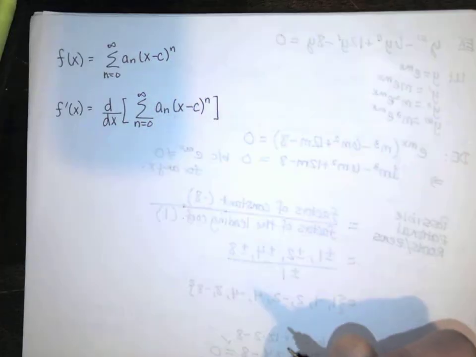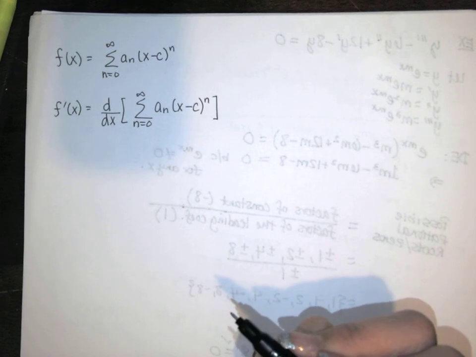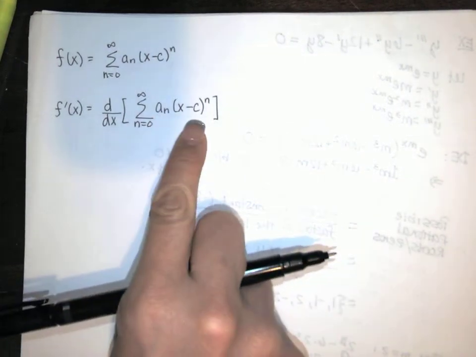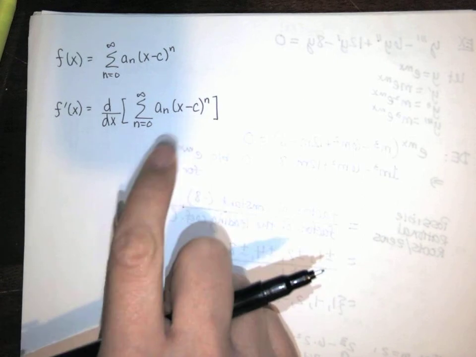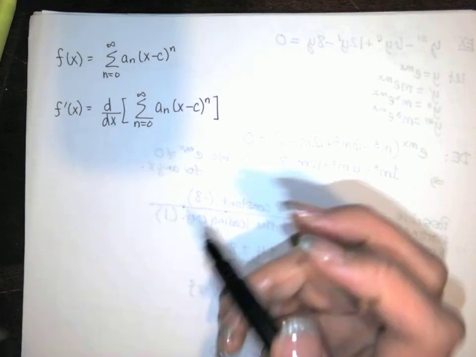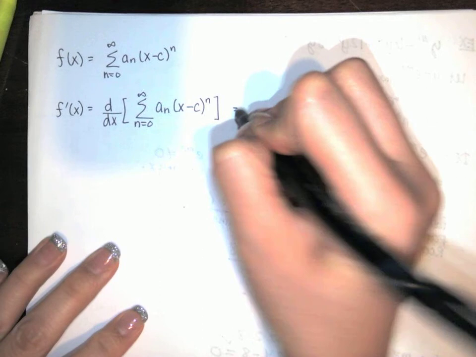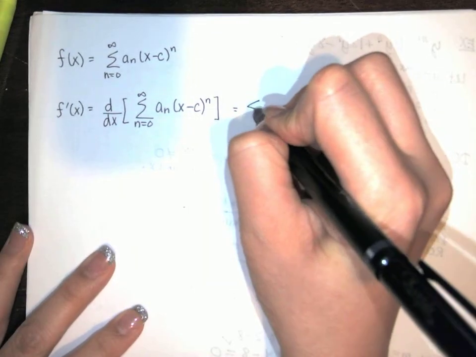And even though it looks like alphabet soup and you've got all these variables running around, it's really not. That's a constant, and that's a constant. We're taking the derivative of a function of x, and this is just x minus a constant to some power. So we use the power rule, which makes sense for power series because we've got powers of x.